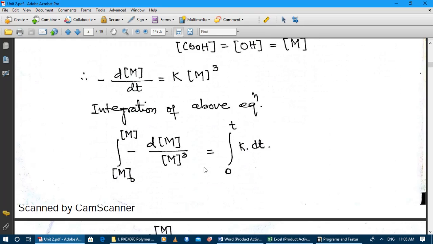Now we can integrate this equation with respect to concentration and time, considering that the reaction starts at time t equal to 0 and continues for the duration of t, such that the initial concentration of the monomer M naught is reduced to the concentration M. So M is the concentration at any time t, and M naught is the concentration of the monomer initially taken, where t was 0, meaning at the initial stage of the reaction.